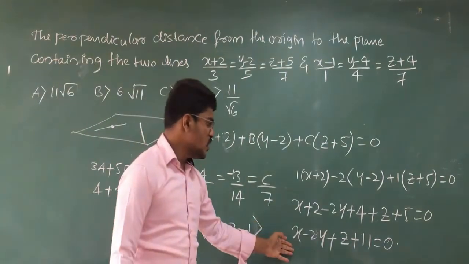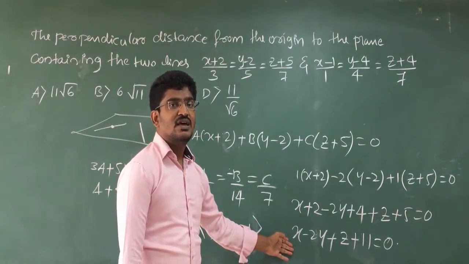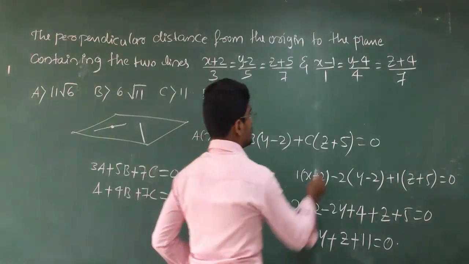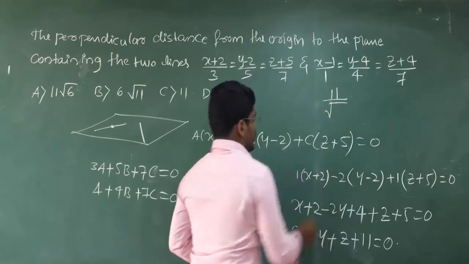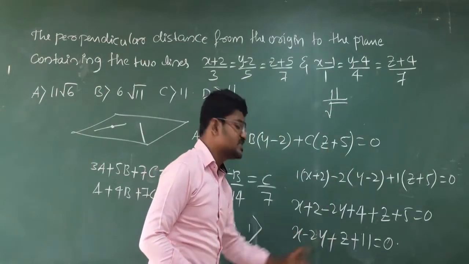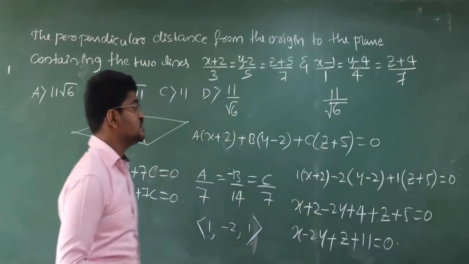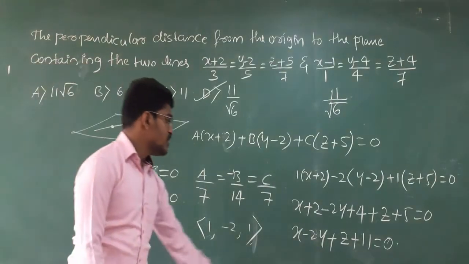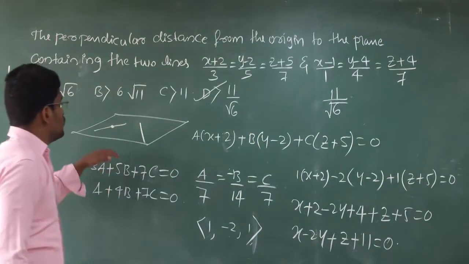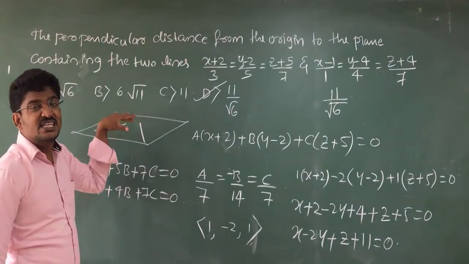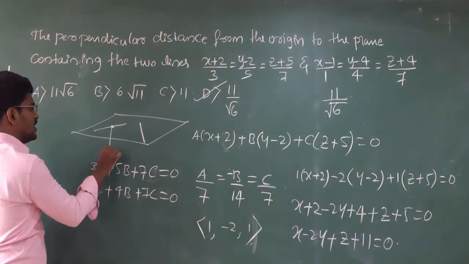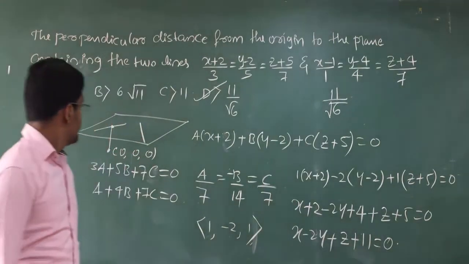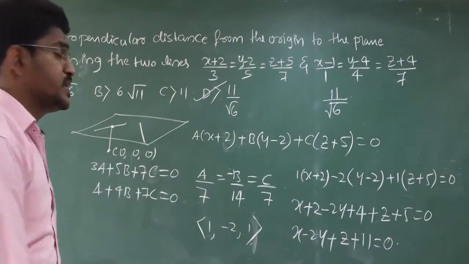Clear? As you all know, the distance will be 11 by square root of a square plus b square plus c square, that is 11 by root 6. So 11 by root 6 will be the answer for this plane's distance from the origin, that is 0, 0, 0. Clear? Okay. So the answer is option D.